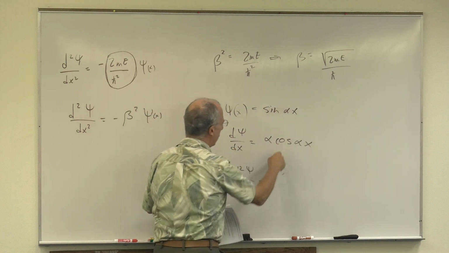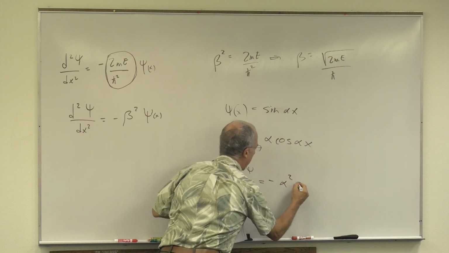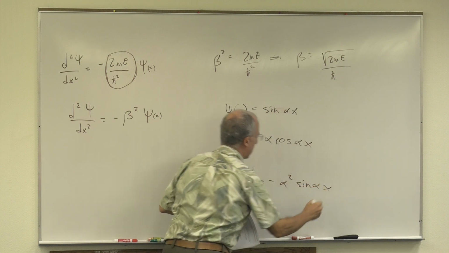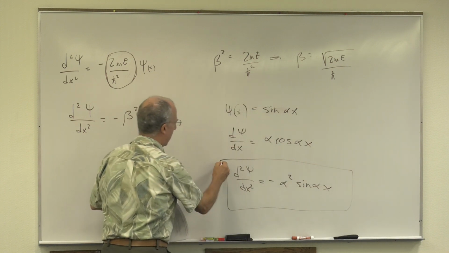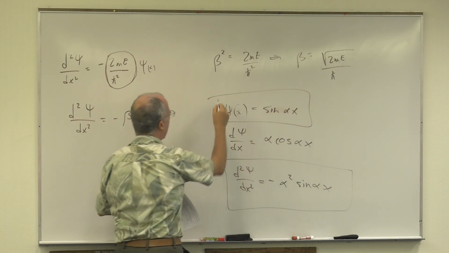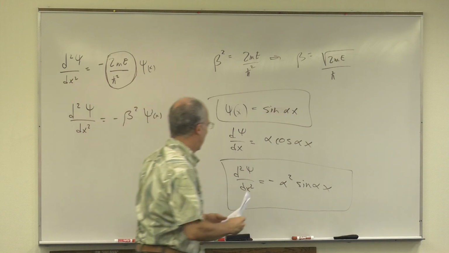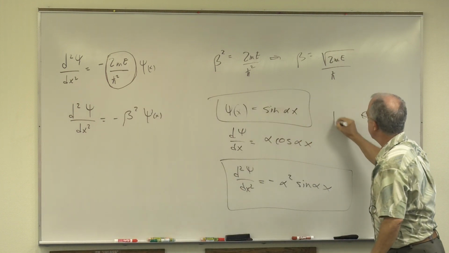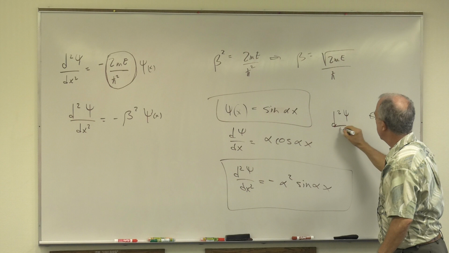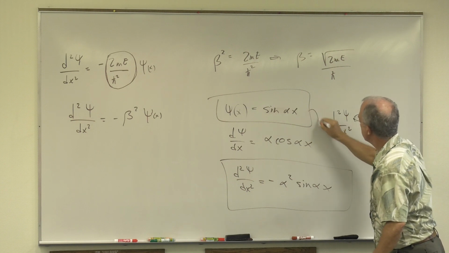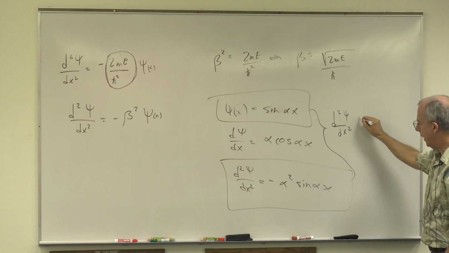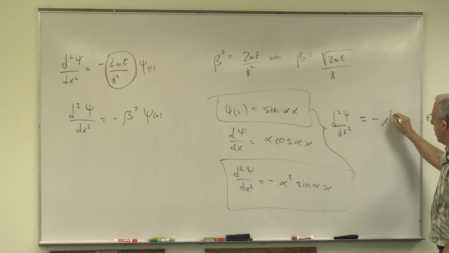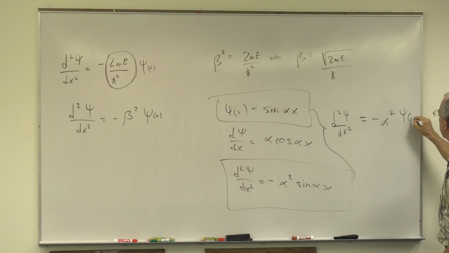But then you're going to do chain rule, so you get minus alpha squared sine alpha x. So compare that to that, right? What do we have? We have d squared psi dx squared equals minus constant times psi, right?